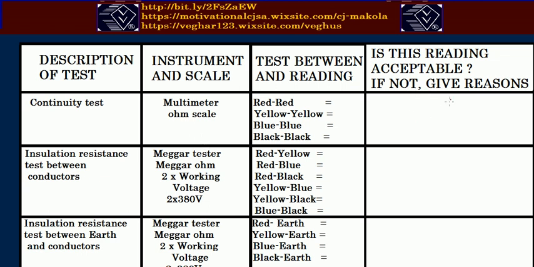So the readings of the conductors must be within a 5% range. If one is 0,1, the other one must be 0,1 or close to 0,1. And for the insulation, it must be 1 megohm or more to be acceptable.